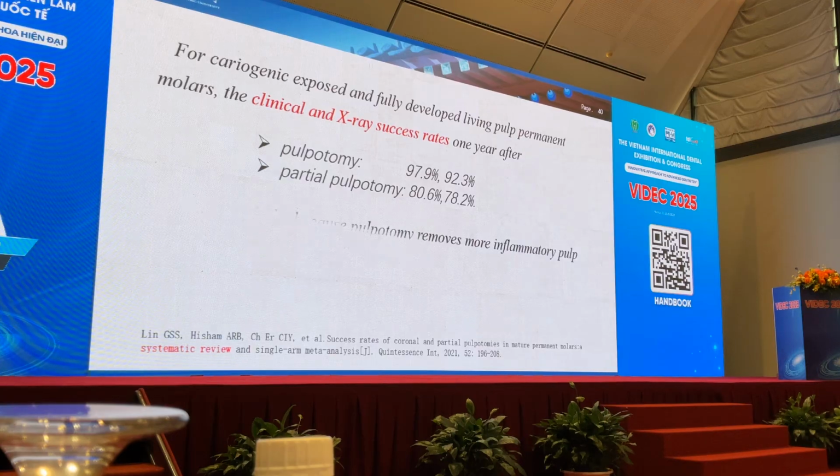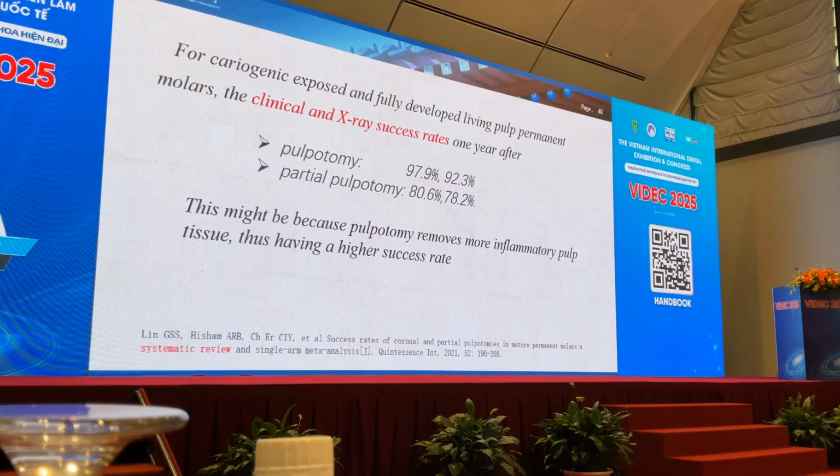Actually, it's reasonable, it's easy to understand, because pulpotomy removes more inflammatory pulp tissue than partial pulpotomy. Then we could say, the more pulp removed, the better for healing. It's true sometimes, but it's not definitely true.